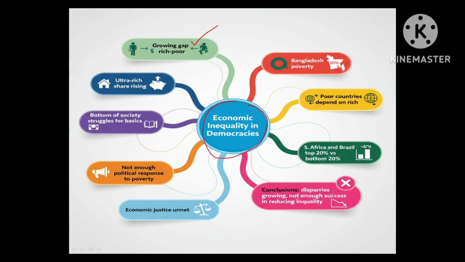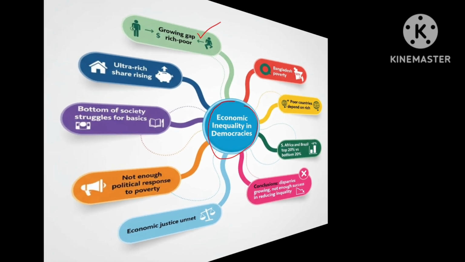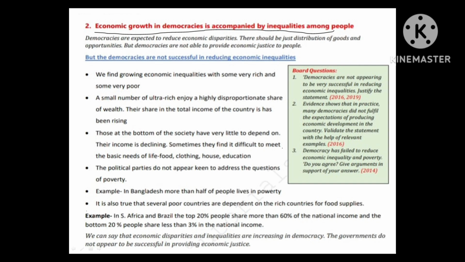In the first economics chapter, the development chapter, there is a statement: when the World Bank compares countries as high income, middle income and low income, the Middle East countries do not come under high income, even though their per capita income is equal to high income countries, because the wealth is not distributed evenly.